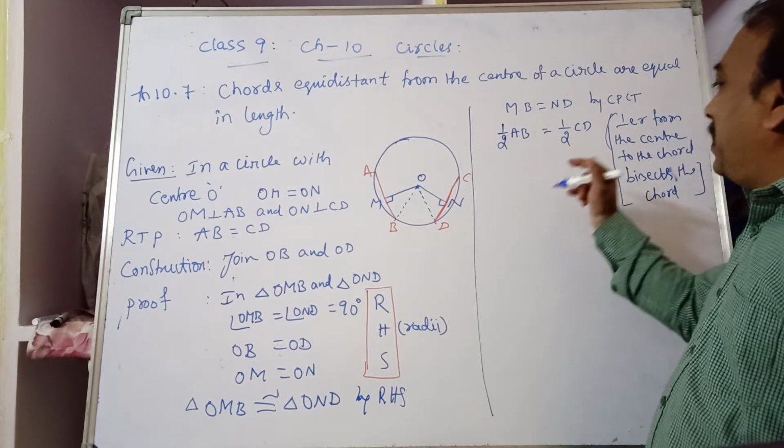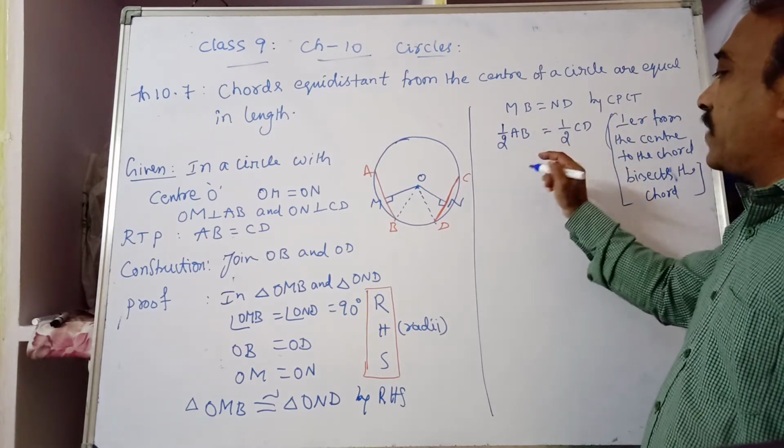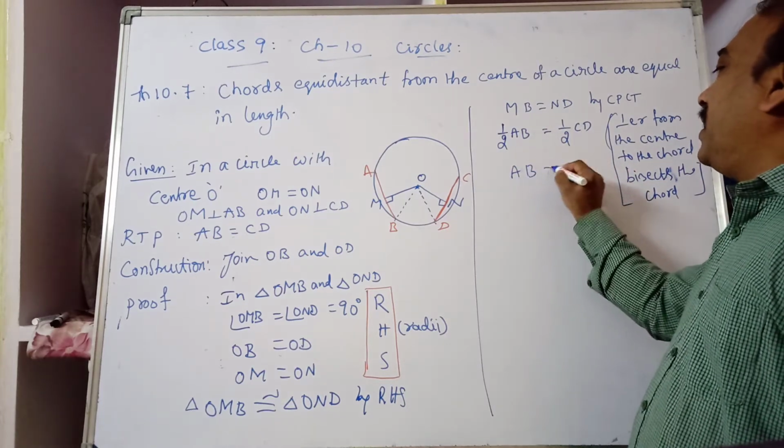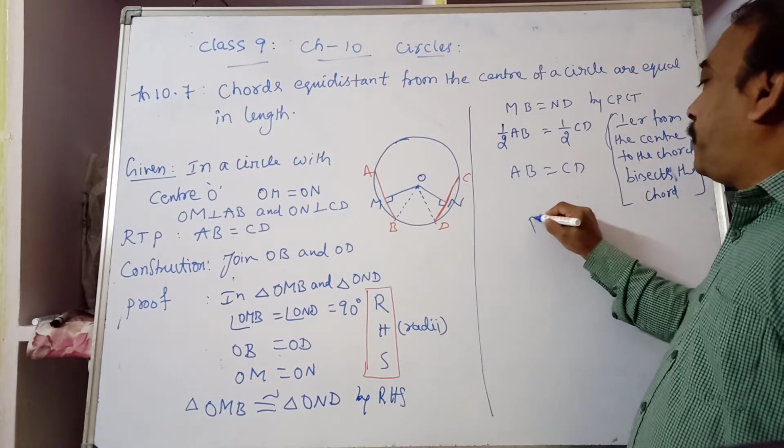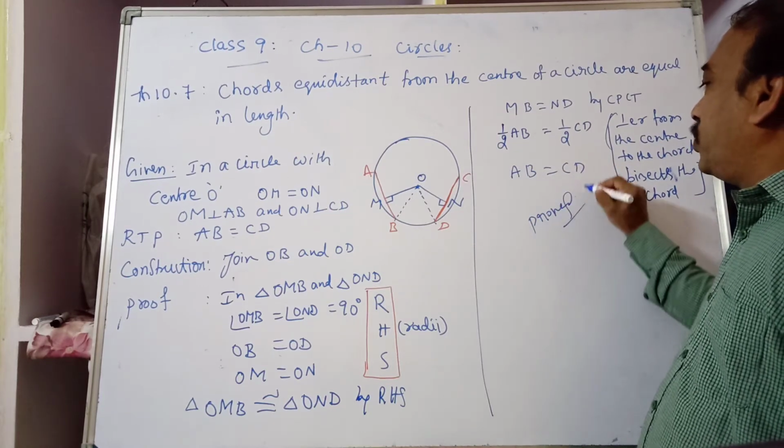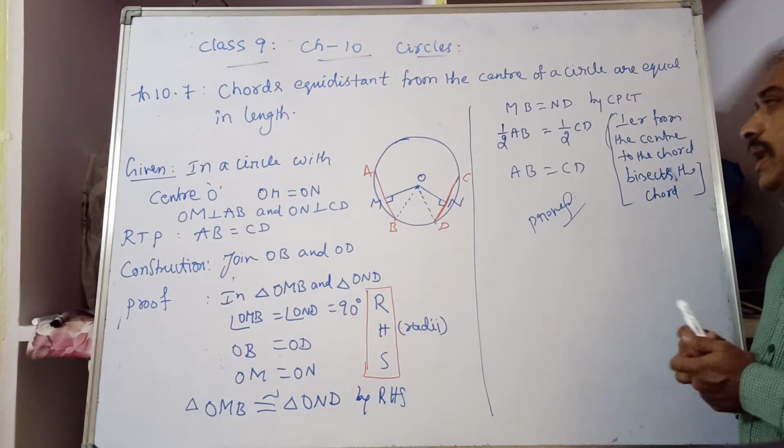So half of AB is equal to half of CD. Half gets cancelled, then AB is equal to CD. Proved. So both the chords are equal.